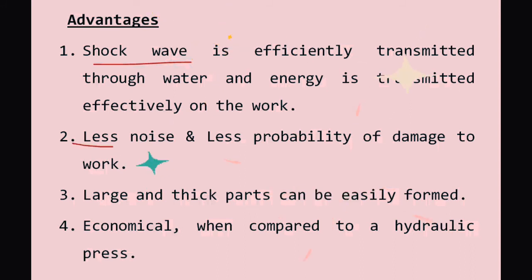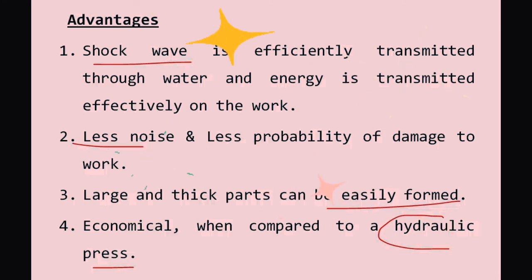Less noise, because the process is done in a water medium, and less probability of damage. Large and thick parts can be easily formed. It is economical compared to the hydraulic process.